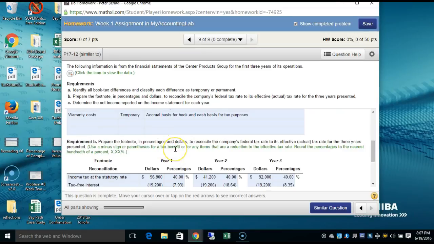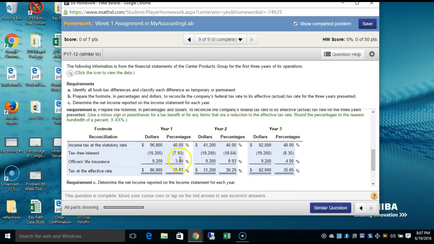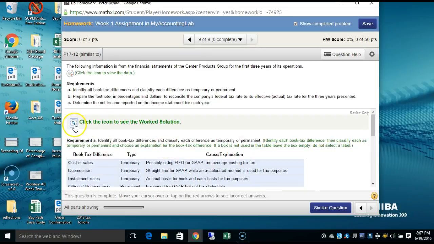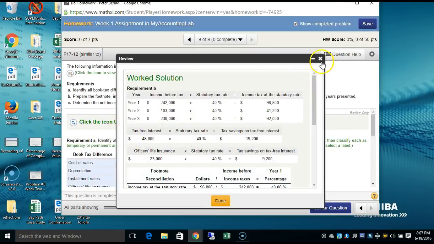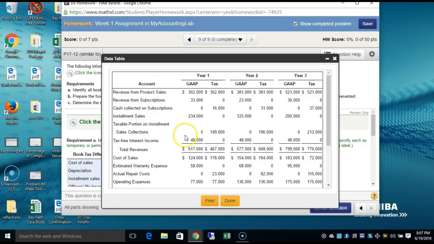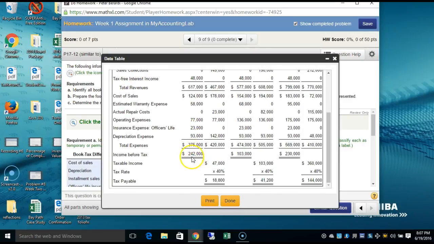Prepare the footnote in percentages and dollars. So, income tax at the statutory rate of $96,800, $41,200, $92,000. So, where do those numbers come from? They come from simply taking your 242,000, multiplying it by 40%, which is 96,800.